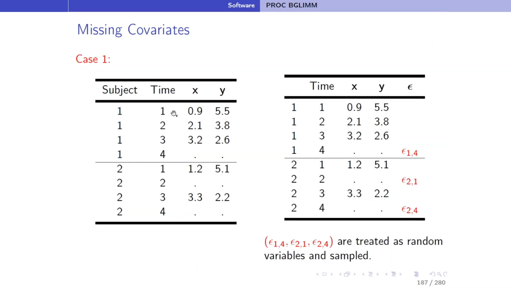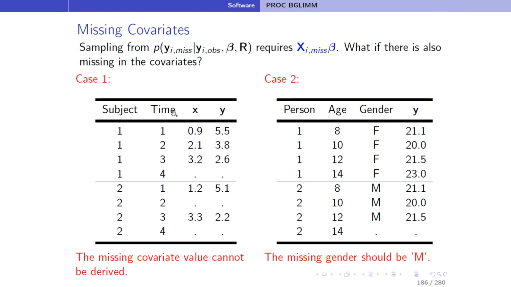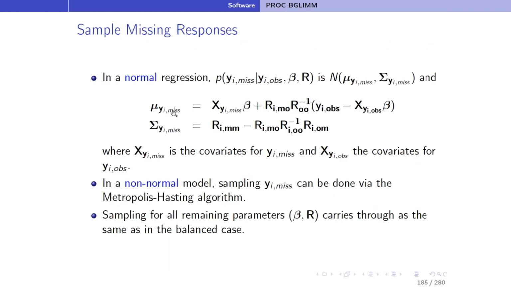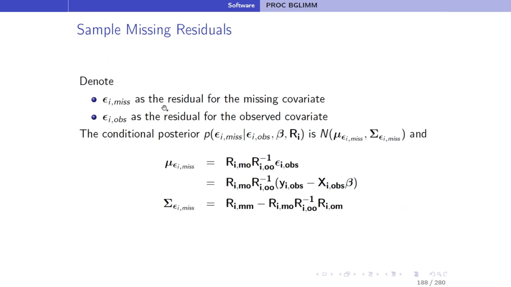So the trick is to look at the residuals instead of the covariance by moving the regression piece from right to left. And so the residual itself is missing, but centered at 0 instead.